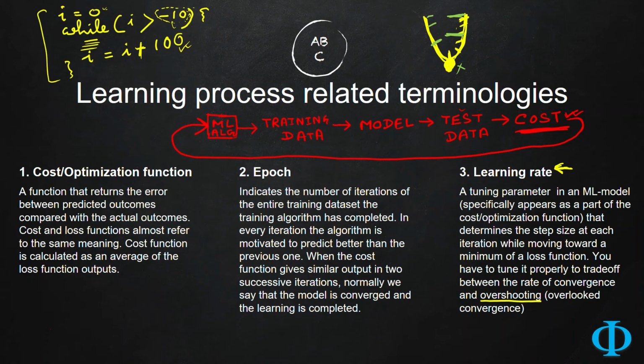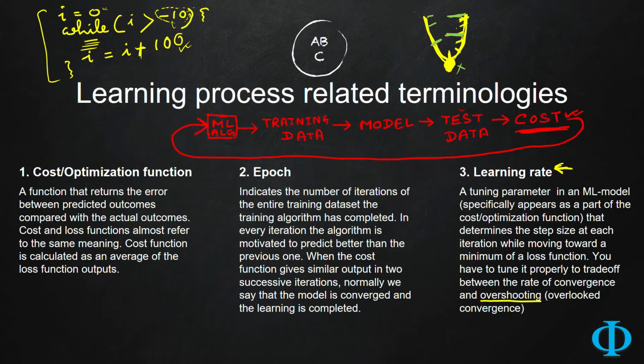So it will never converge and it will go into an infinite loop. The machine learning algorithm will never complete and cannot produce any model.